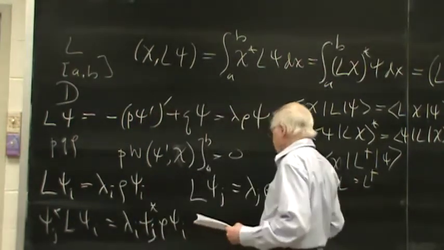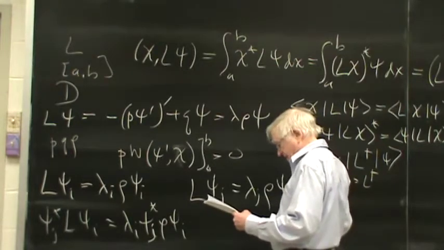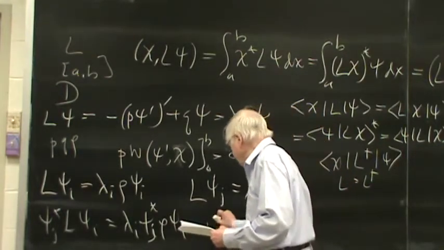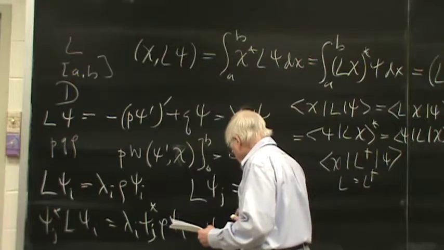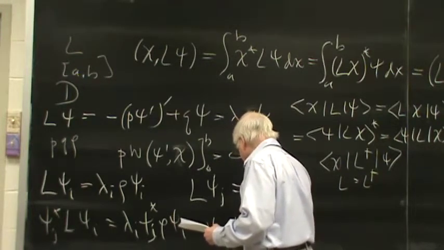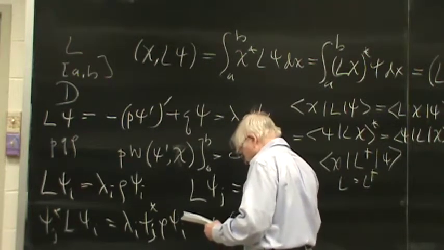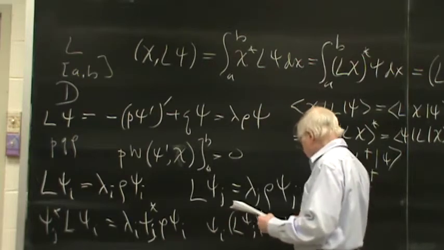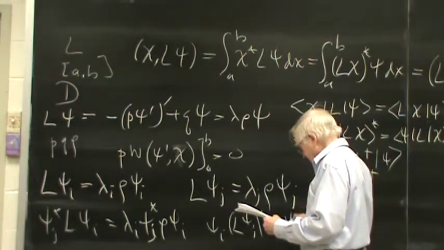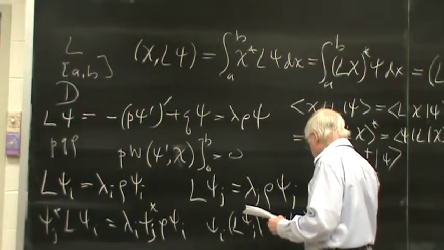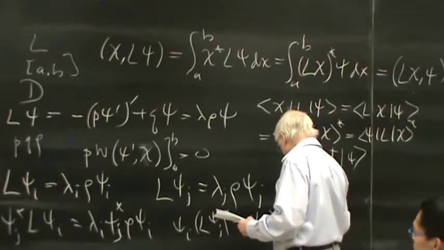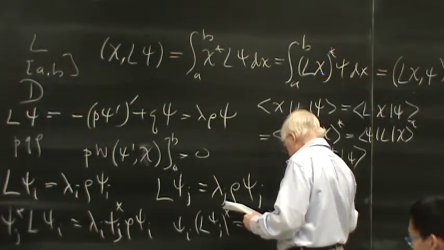We take the complex conjugate of this and multiply it by psi I. So we have psi I L psi j star, and that's psi I lambda j star rho psi j star.